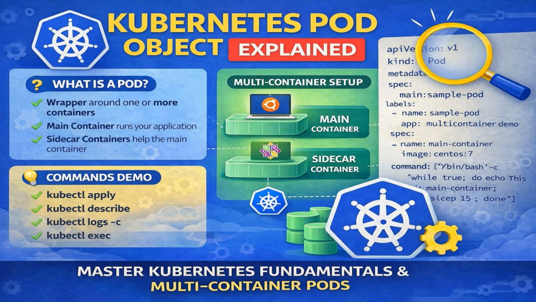The actual container which runs your application is called the main container, and the supporting containers are called sidecar containers. All these containers share the same network and the same storage, and run on the same node. That is where the Kubernetes pod becomes powerful.